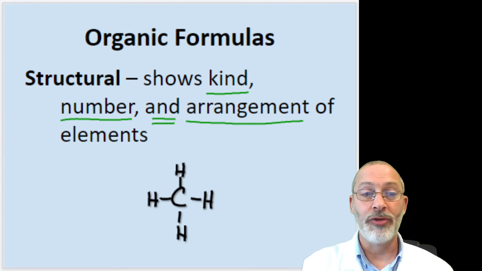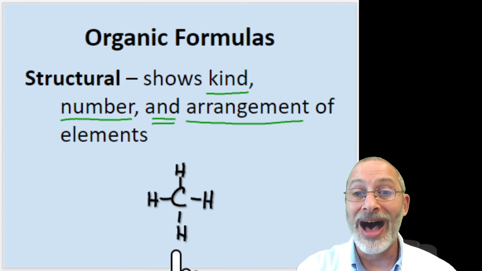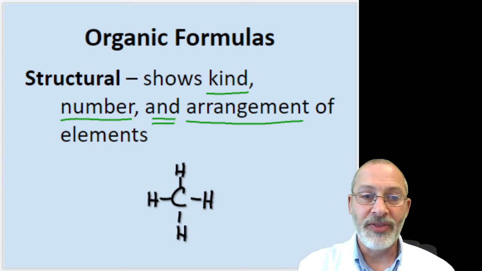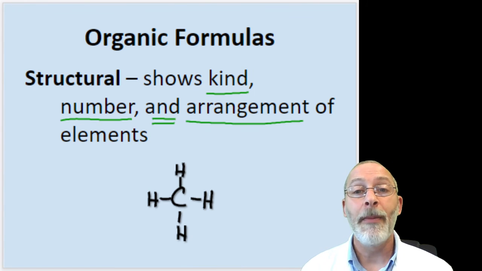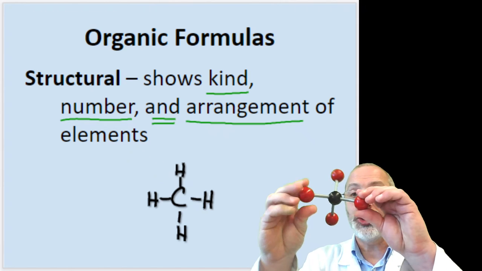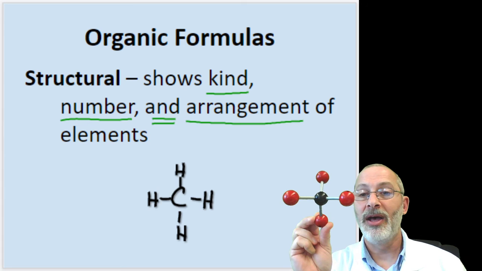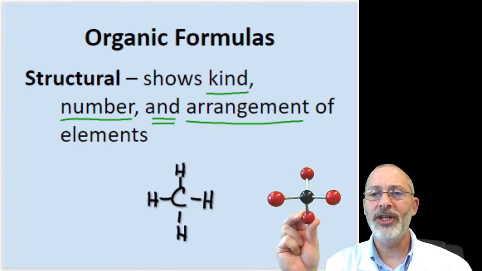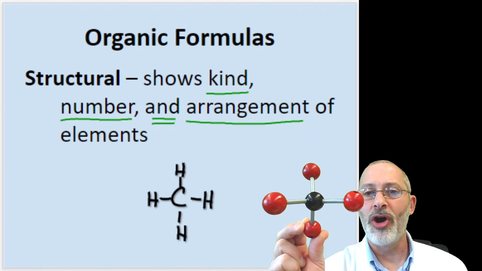So with this structural formula, you can see that there's a carbon atom and there are 4 hydrogen atoms, just like that molecular formula before. But this type of formula, the structural formula, shows you how it's built. And I'll try and illustrate that with this 3-dimensional model of this particular substance. So if I hold it at just the right angle and you look at it, notice how the carbon in the center is that black sphere.